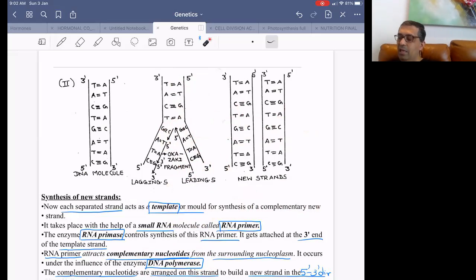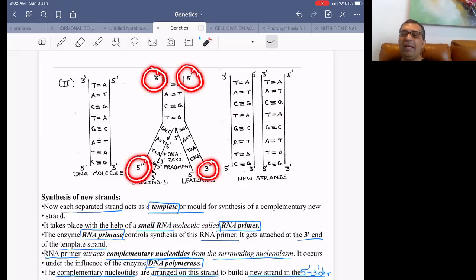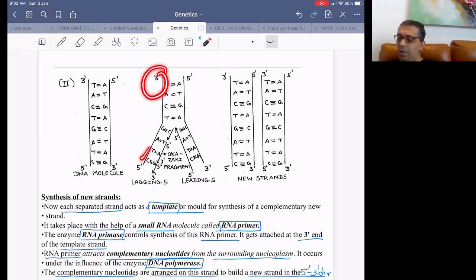When the two strands are separated, one template has 3-5 polarity, but the other template was anti-parallel to it. So it had 5-3 polarity, or 3-5 polarity but in the downward direction. This was your ascending strand, with 3-5 polarity, but your descending strand has 3-5 polarity in the downward direction.